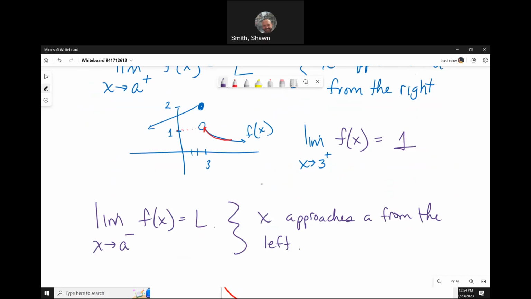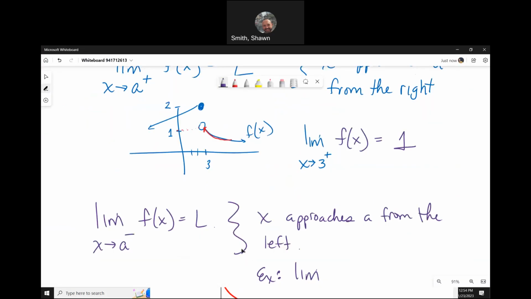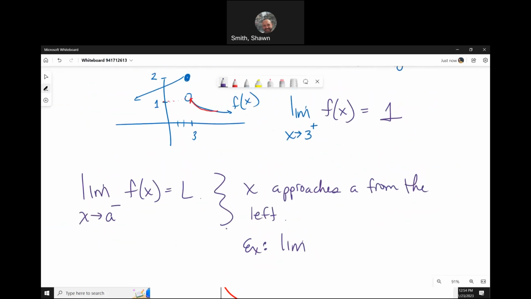So that same graph, if I use the limit as x approaches 3 from the left, would be what? 2? Yeah. Going from the left this way, approaching that y value of 2.